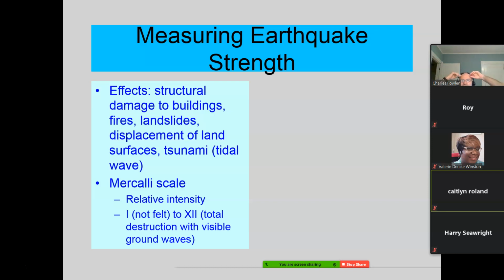Here's a reason the Mercalli scale is not particularly, I don't want to say not useful, but not the best of scales. And here's why.